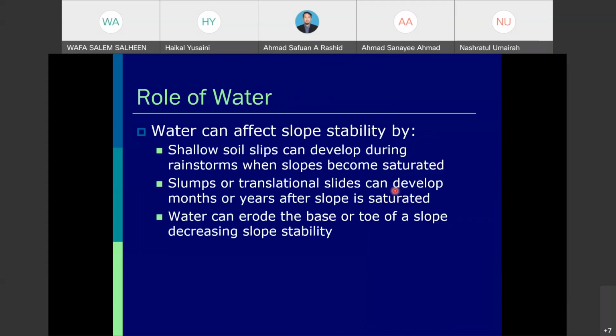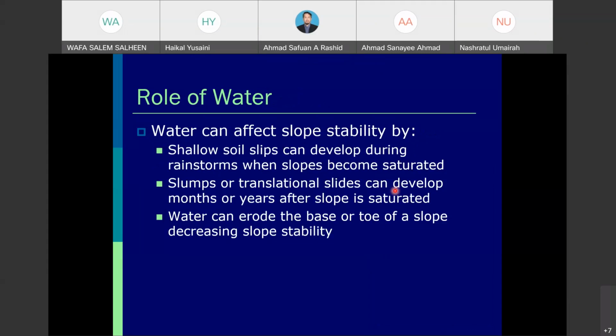Water can affect the slope stability. Shallow soil slip can develop during rainstorms when the slope becomes saturated. Slump or translational slide can develop months or years after the slope is saturated. Water can erode the base or toe of a slope, decreasing slope stability.